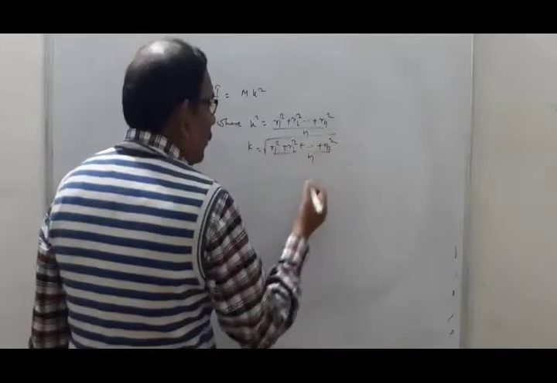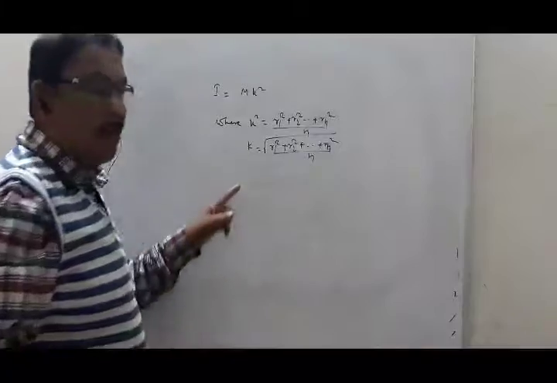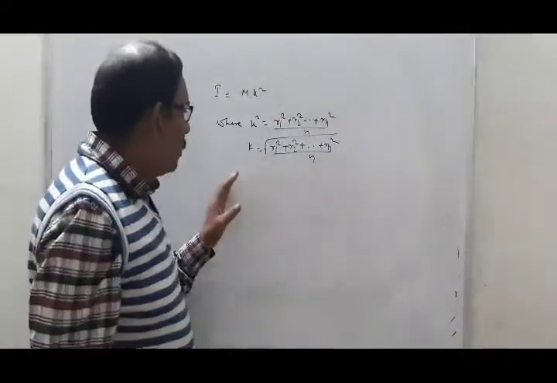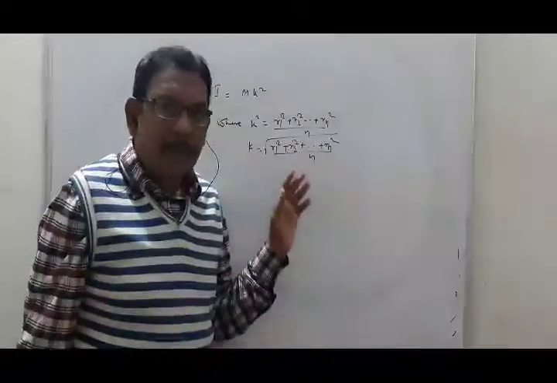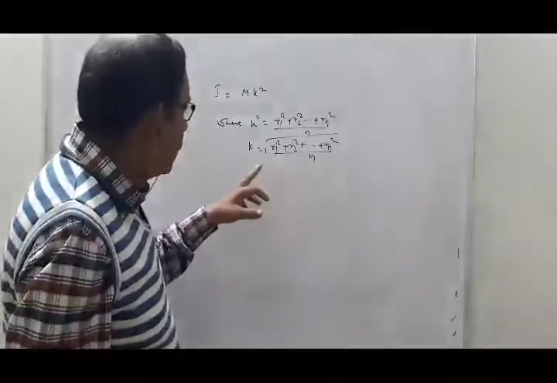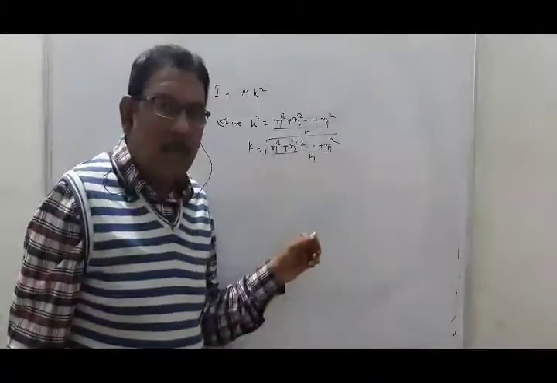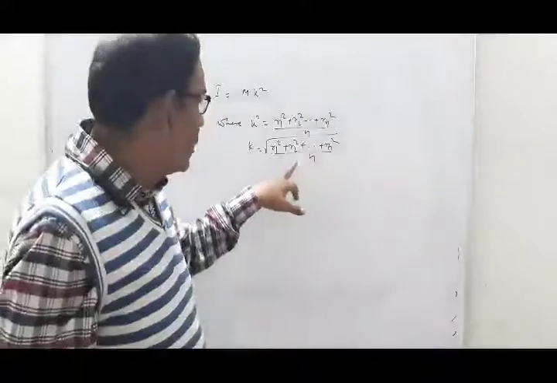This k is called the radius of gyration. The radius of gyration of a rigid body is defined as the root mean square distance of its particles from the axis of rotation.